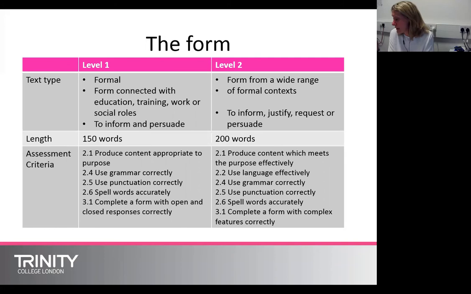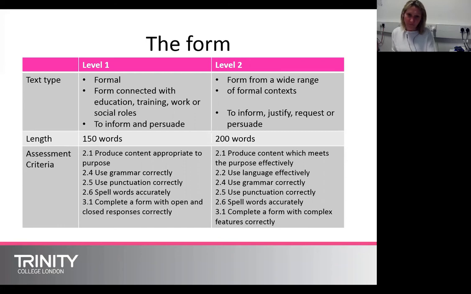The level 1 candidate that we will be looking at is an application form for a course and for time off to do a course. There are several parts of that form where the candidate is able to produce a wide range of grammatical items from the amplification. Punctuation, again, in the amplification, use punctuation correctly. There's a list of different things that candidates have to be able to demonstrate.